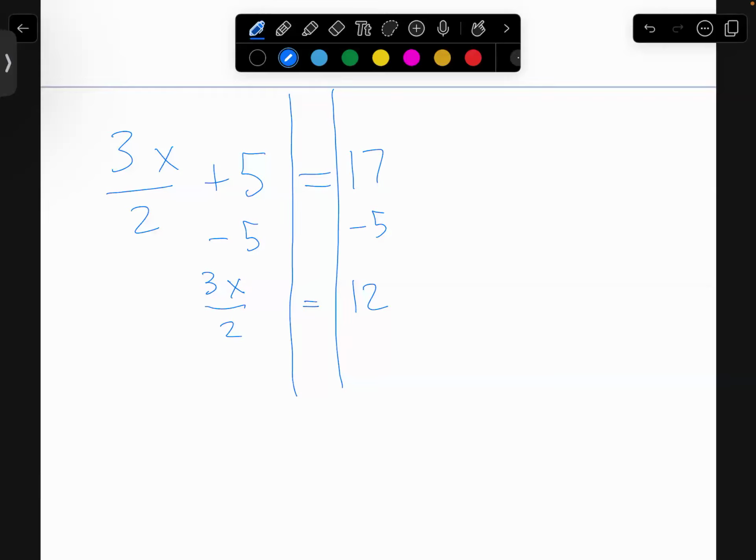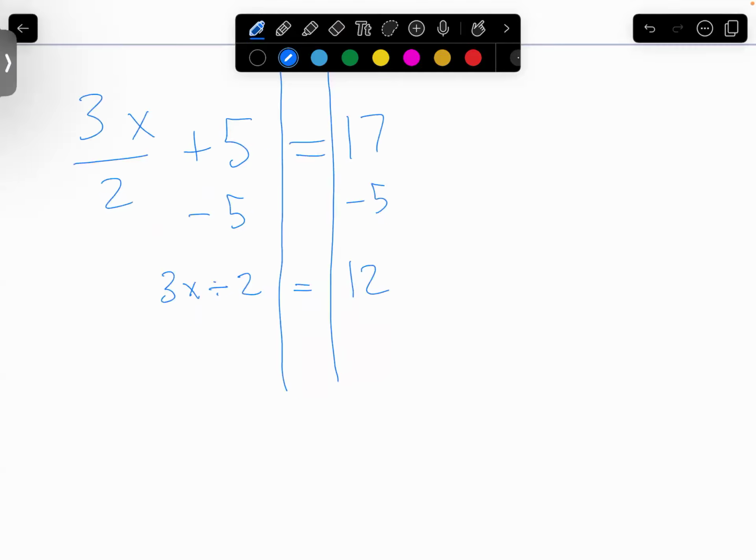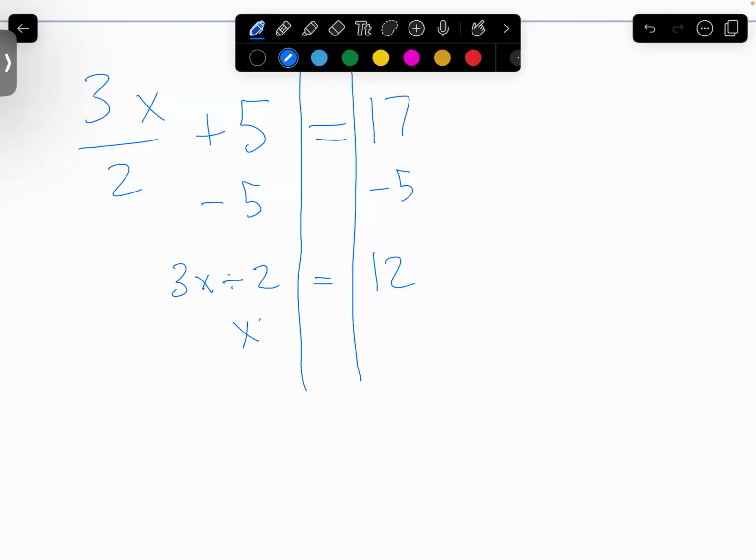We can see that this is a dividing by 2 right here. Think of it as 3x divided by 2 equals 12. So if we want to make it just 3x, we can multiply this by 2, both sides. This would leave us with 3x equals 24.